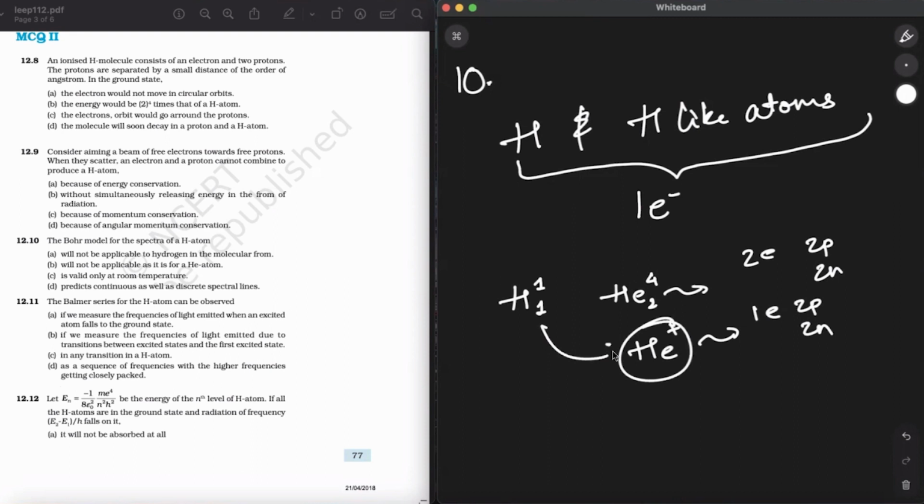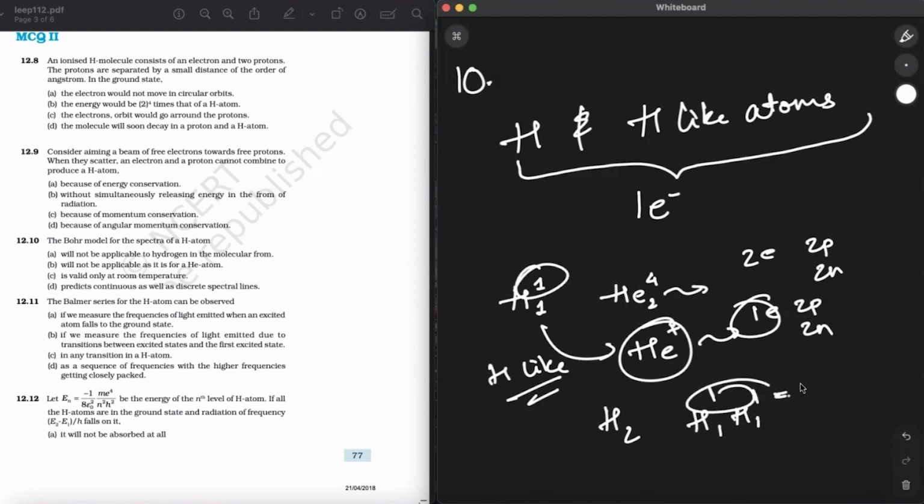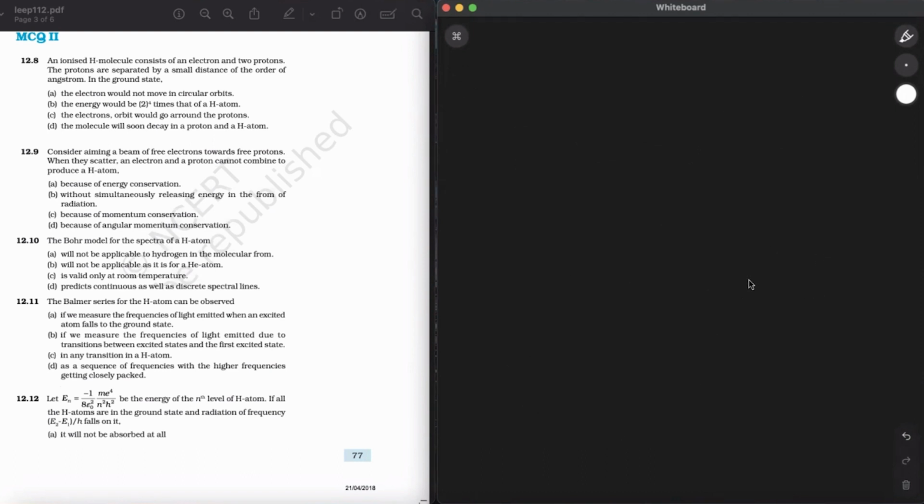So this is also hydrogen-like. What is unique about them is the one electron that they have. But hydrogen in molecular form, H2, has two electrons. So this Bohr model spectra for the H atom will not be applicable for H2. It has two electrons. Okay, so option A is correct.